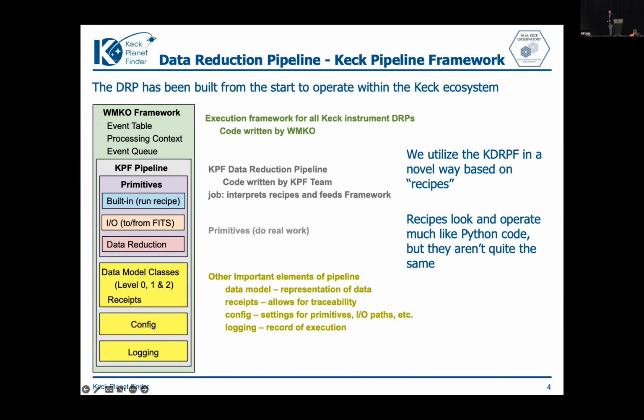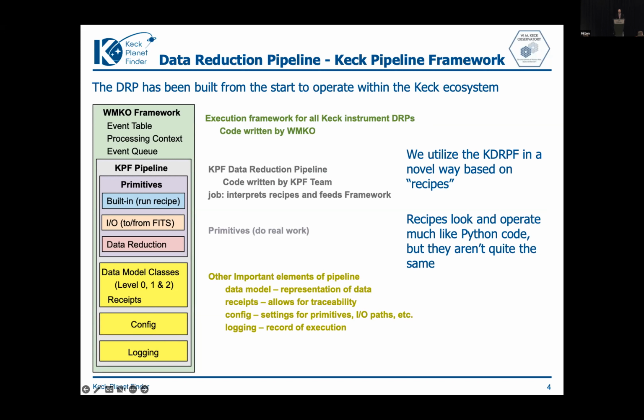Now, we designed and built the software within the Keck data reduction framework. This is similar to something like DRAGONS at Gemini. It's an ecosystem under which Keck prefers that all of the pipelines operate. The framework itself is the outermost layer here in green.